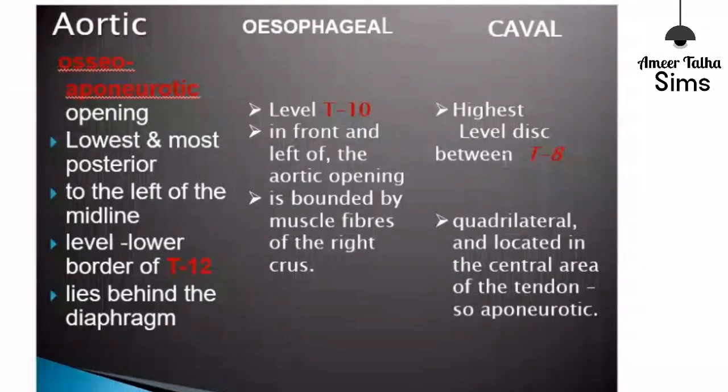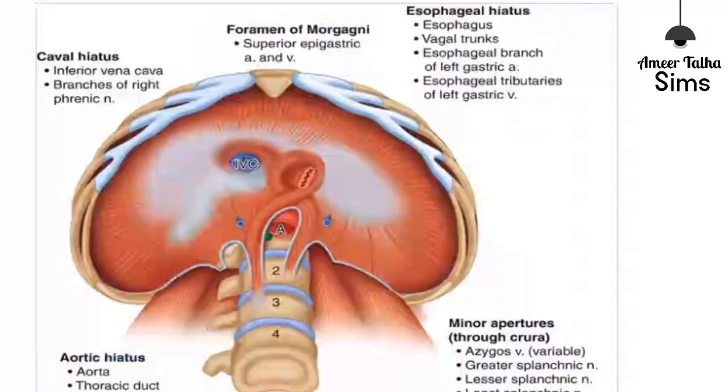This is the aortic opening, this is the caval opening, and this is the esophageal opening. These openings contain some structures. The aortic opening has the aorta, thoracic duct, azygos vein, and hemiazygos vein. The caval opening contains the inferior vena cava and branches of the right phrenic nerve.